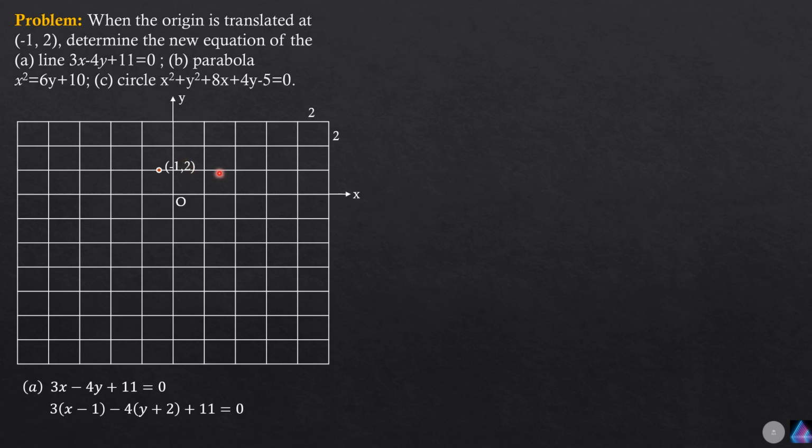So the technique is, because the new origin is at (-1, 2), we change x by x minus quantity -1 minus 0, which is x plus 1... correction, x minus 1.